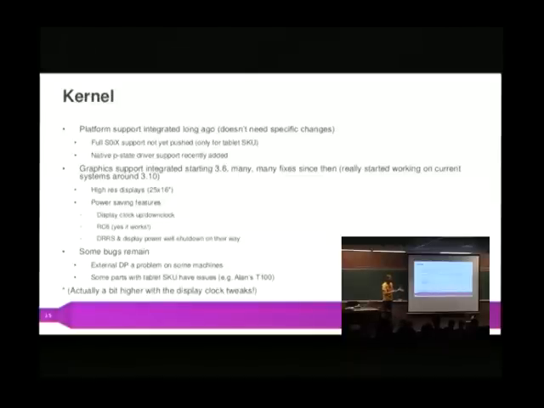RC6 on Bay Trail is a different implementation than it is on the client side, and it's actually simpler, and it seems to be pretty stable. We've got some display power shutdown stuff like I talked about, some other display features that are actually not Bay Trail specific, the dynamic refresh rate support. So if the screen is mostly idle, you could actually drop the refresh rate, save some power on your memory bandwidth, let your memory stay in self-refresh for longer.